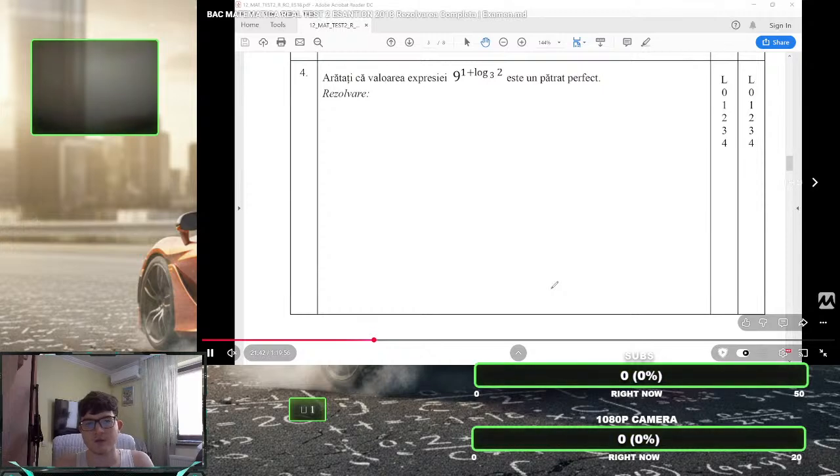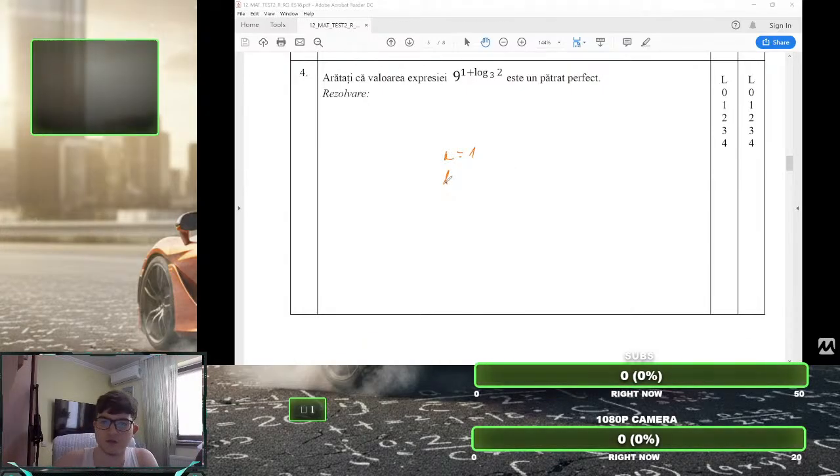Now exercise 4. Basically here you have to show that this expression is a perfect square, which means that it's a natural number that you can just square root easily.